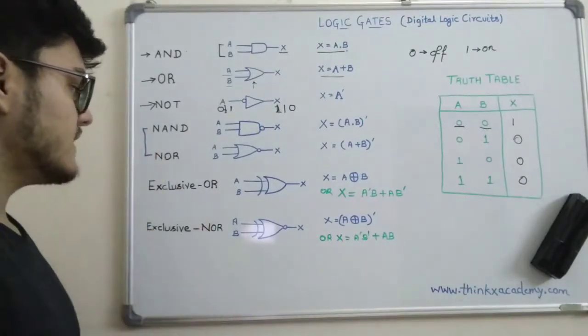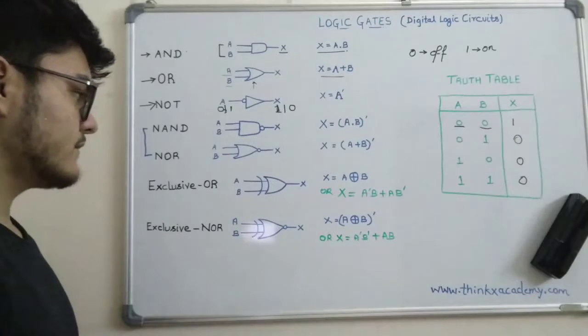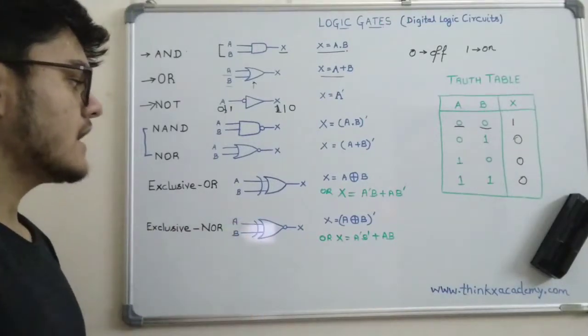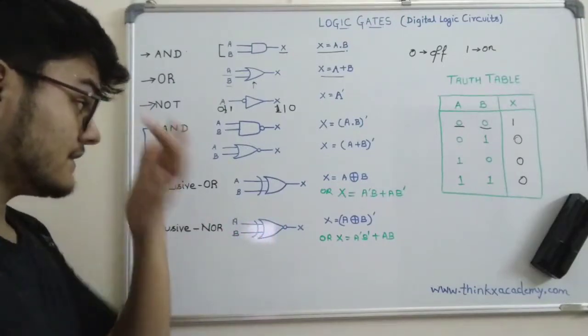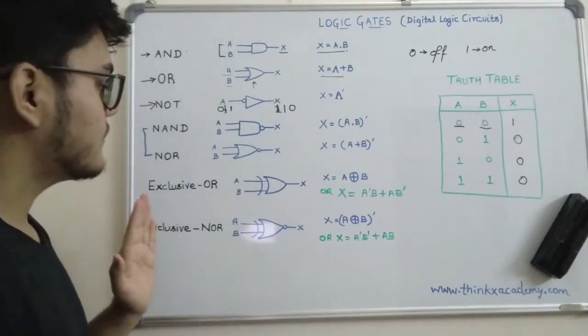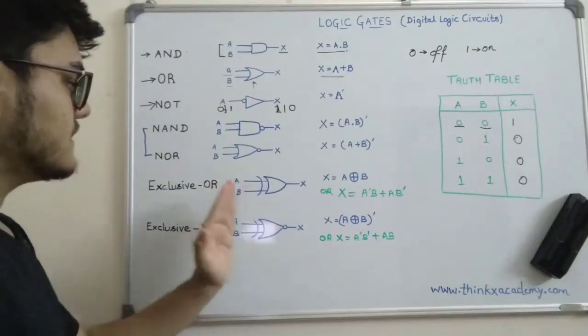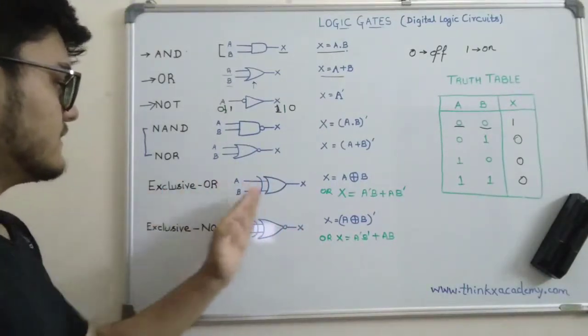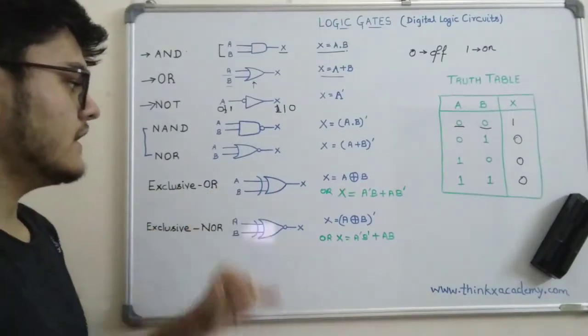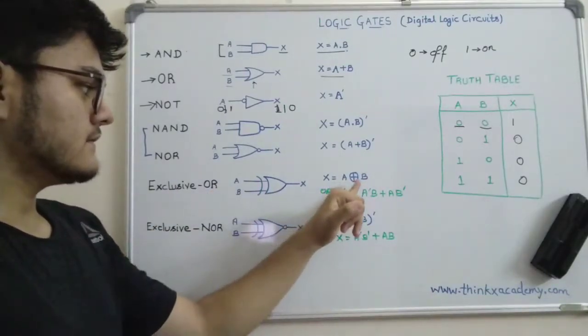So let's move on to the exclusive OR and the exclusive NOR gates. As you can see here, I've written the symbol. The symbol represents nothing, but it is conventionally accepted. So whenever we write a whole circuit, we will just represent these gates with the symbols. In the case of exclusive OR, the algebra looks like this.